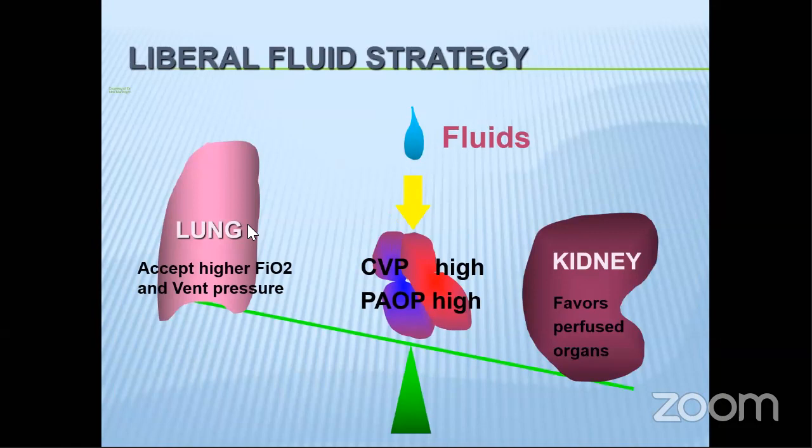In the opposite, if we give more fluid to our patients, the kidney will be happy, the patient has better perfusion, better intravascular volume status, better urine output, better renal profile, but of course it will compromise the oxygenation of your patient.